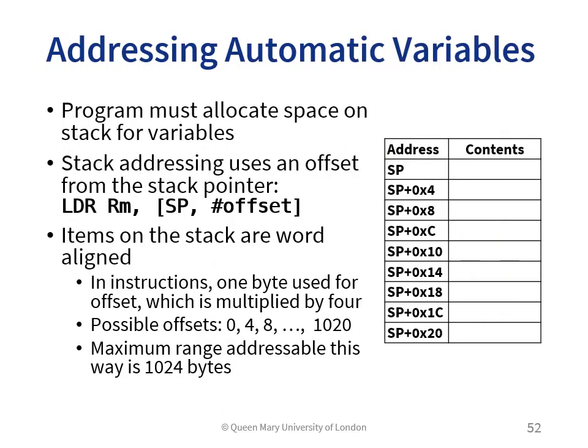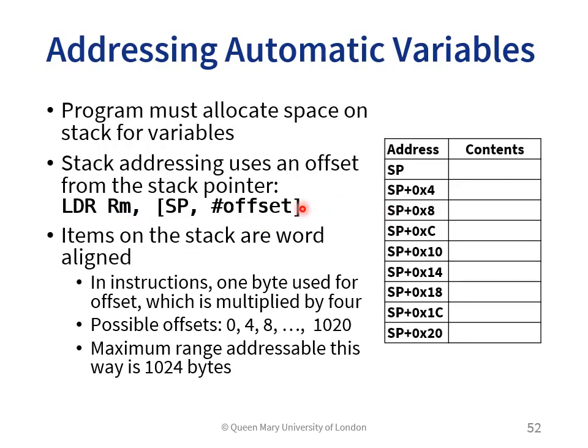So now let's look at how we can address the automatic variables. These variables are created on the stack, and therefore we need to use the SP with a certain offset to access different variables that we create on the stack.